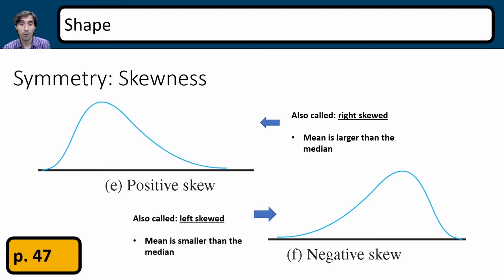So here's how I want you to remember skewness. With positive skew, the frequency is higher on lower numbers. So think about it in the sense with this positive skew.